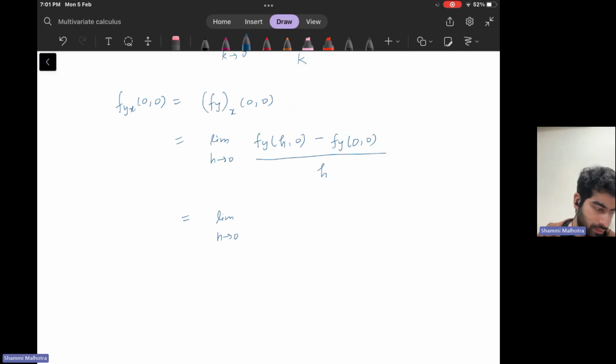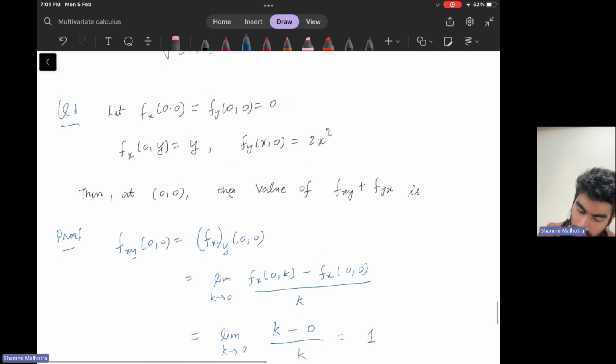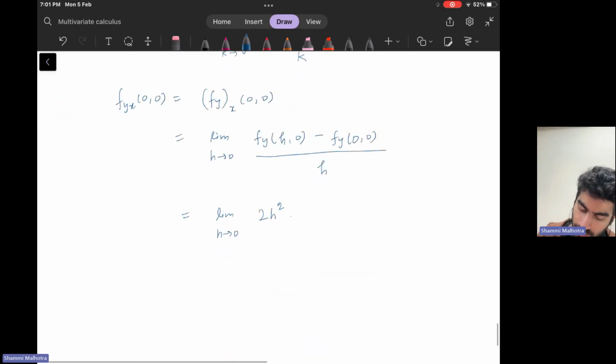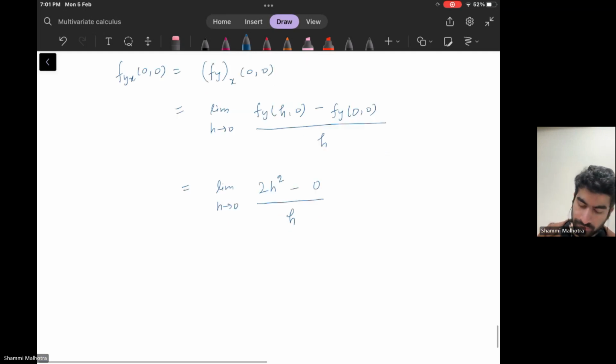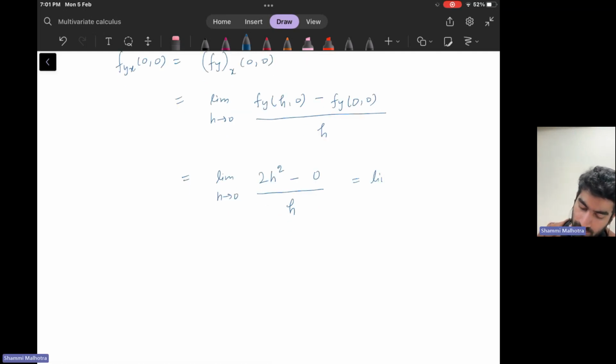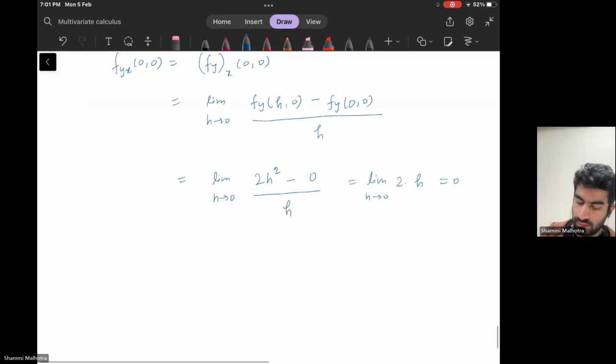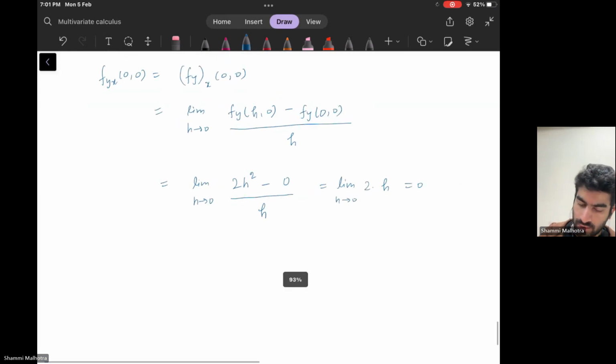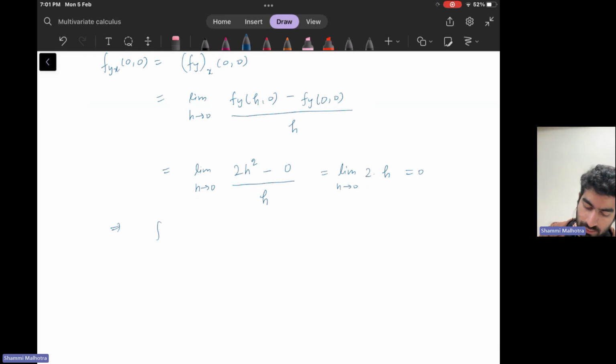This thing would be again given to be 2x square, so this would be 2h square, and this is given to be 0, whole divided by h. So this is nothing but limit h tending towards 0 of twice of h, and when h tends towards 0, this is nothing but 0 only. So this implies that my fyx at 0, 0 is 0.